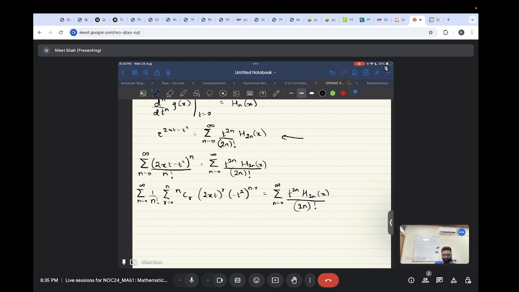Now, t power n, in the full limit minus infinity or something like that, t power n are orthogonal to each other.